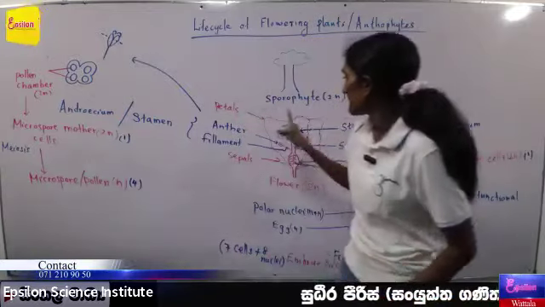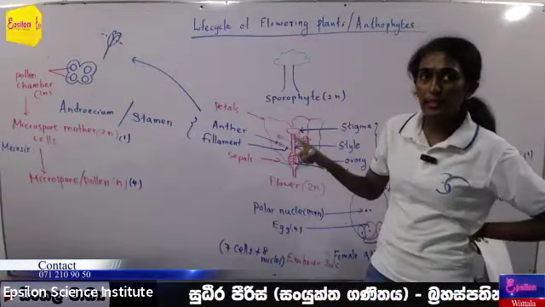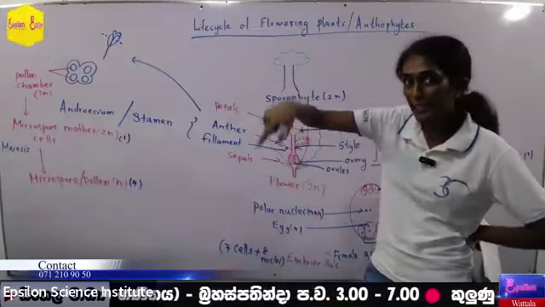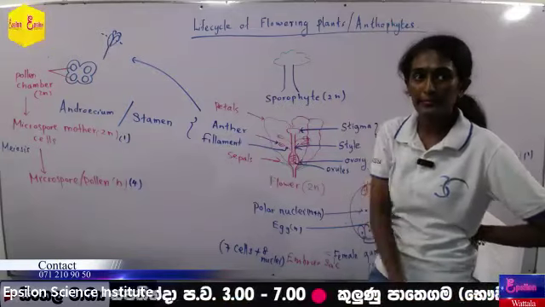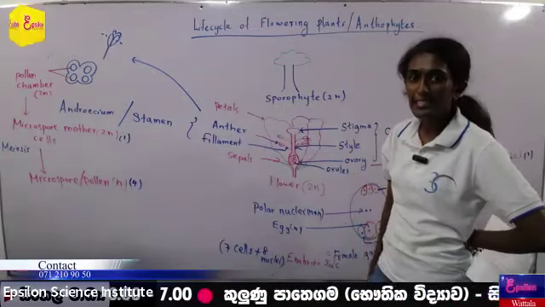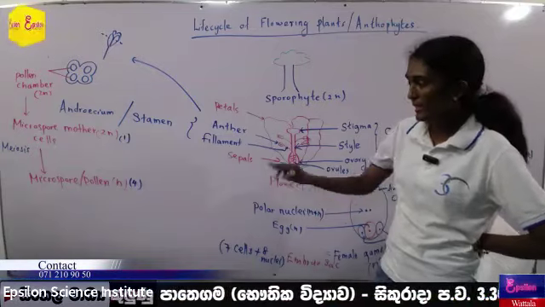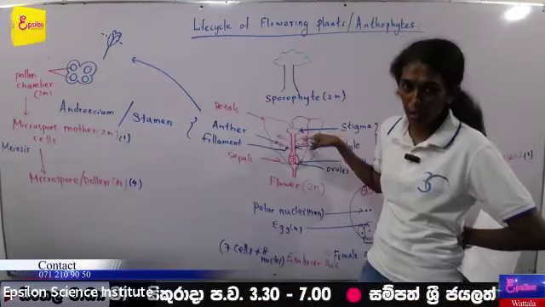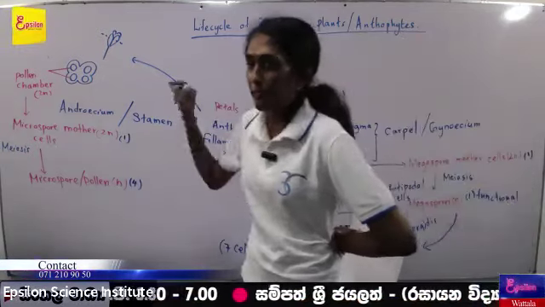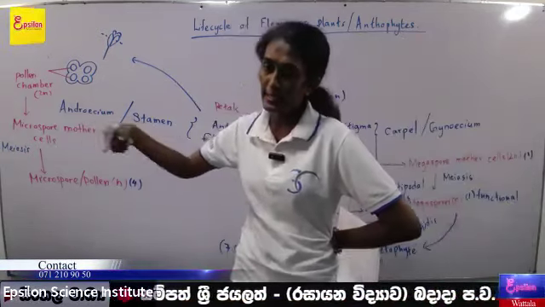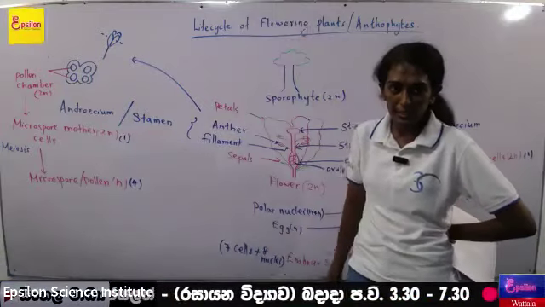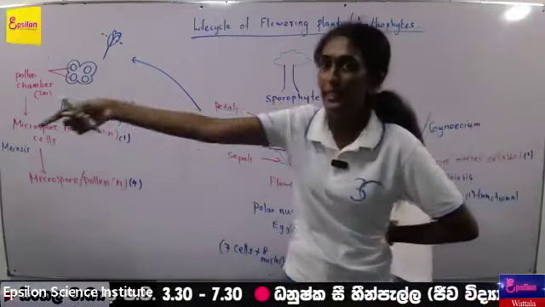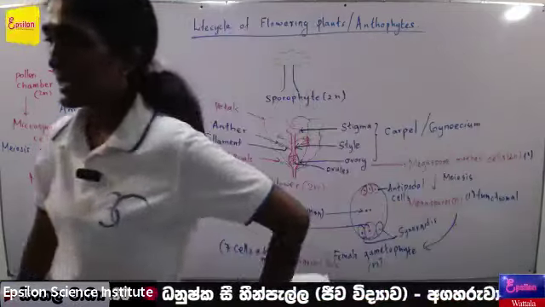Pollen grains deposit on the mature stigma of the same flower or another flower from the same plant. What do we call it? Self-pollination. Second statement, pollen grains deposit on the mature stigma of another flower of the same species. Cross-pollination. Got it now? It doesn't pollinate if it falls on another species. Okay, it should be the same species.